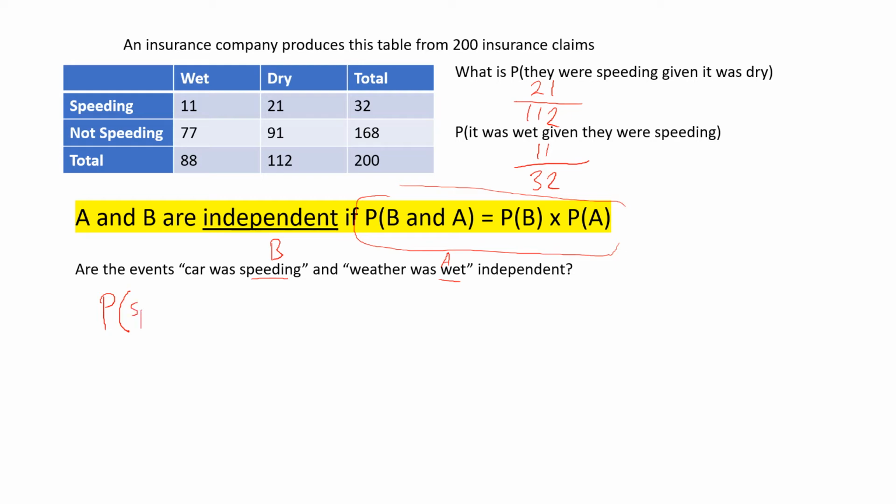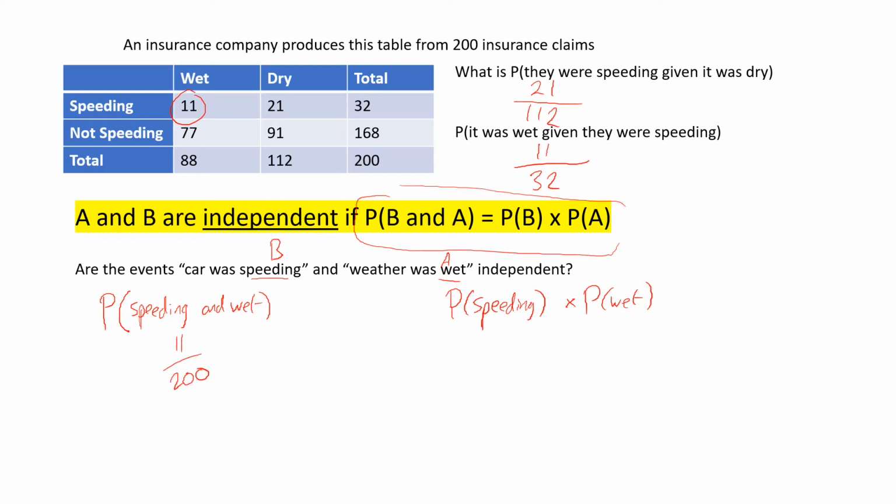So we want to know the probability it was speeding and it was wet, and we want to compare it to the probability of speeding times the probability that it was wet. Now we can get all this information from the table. The probability it was speeding and it was wet is just these 11 things here, so that's 11 out of 200.